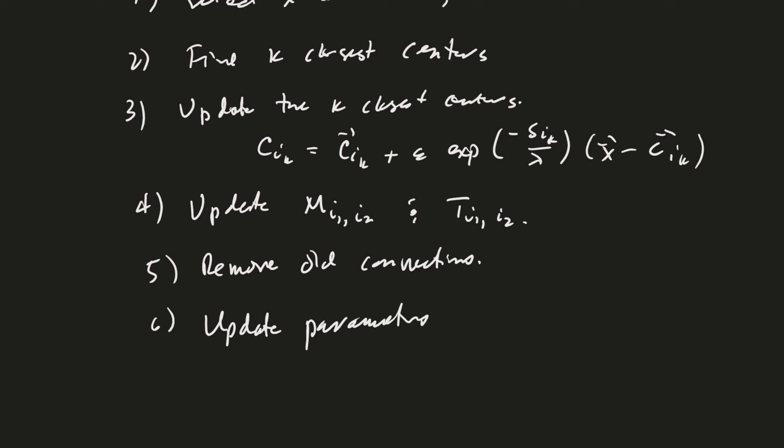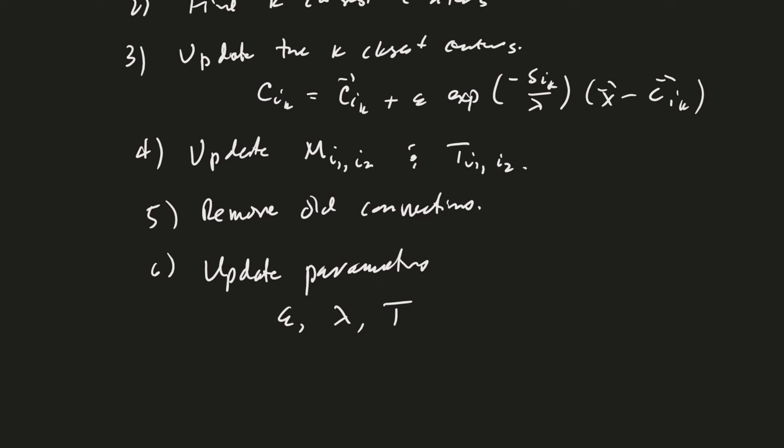What parameters? Remember, some of these values are going to 0, right? Epsilon needs to be updated, lambda needs to be updated, and time needs to be updated, because our time values are going to change according to the iteration as well. Okay, and then 7 is repeat. Good. And then the stopping criterion we'll have to figure out.